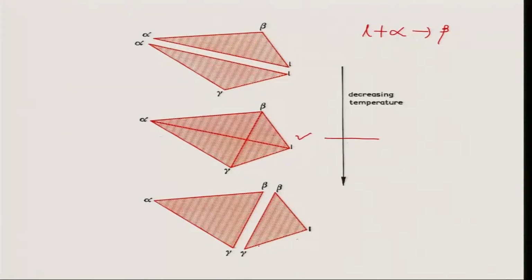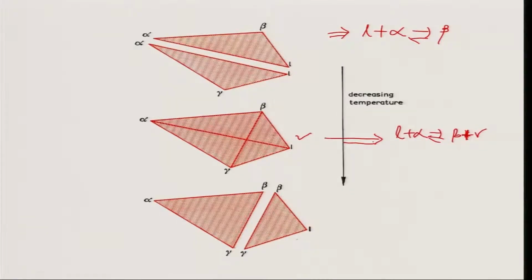Because you have 4-phase equilibria reacting like liquid plus alpha going to beta plus gamma, correct, this reaction must be preceded by a peritectic type of reaction at higher temperatures, and that is the important characteristic of this reaction.